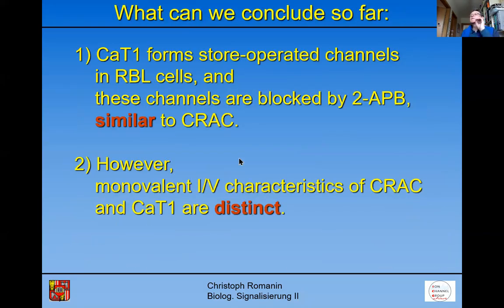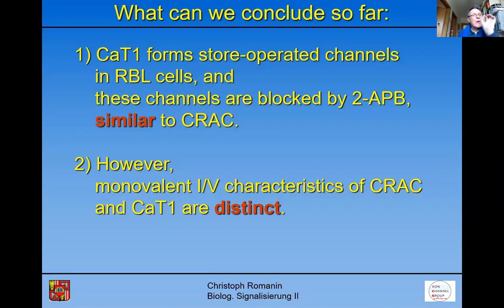So let's summarize. There are of course similarities between ORAI1 expressed in RBL cells in the correct environment: they are blocked by 2-APB in a way that they behave similar to CRAC channels, and particularly they are under control of the ER stores, meaning when the stores are depleted, the more of these ORAI1 channels get activated.